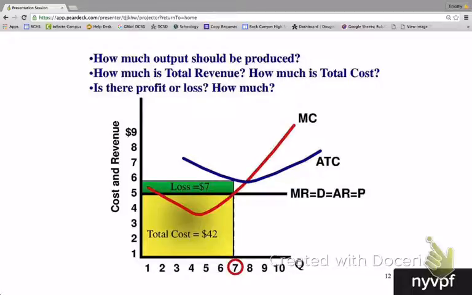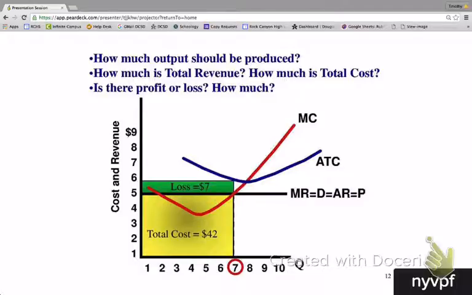Well, now we draw a line up to the average total cost curve and a horizontal line over there, and that's a cost of $6 minus the price of 5, so that's 1 times the number of units sold, 7. We shade that area, and that is the area of economic loss.